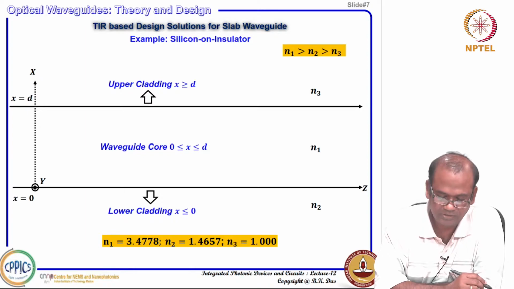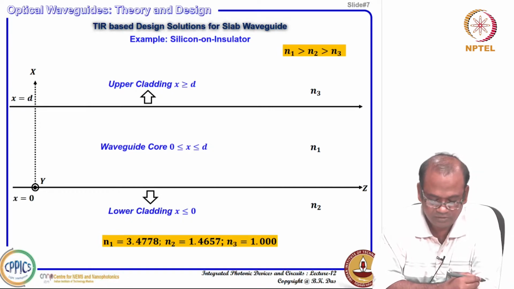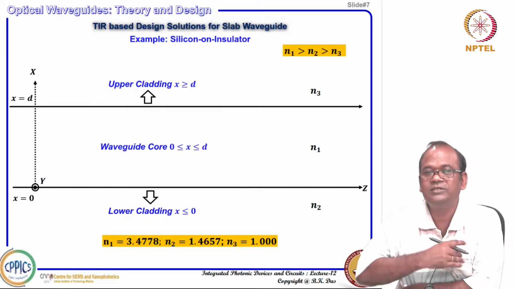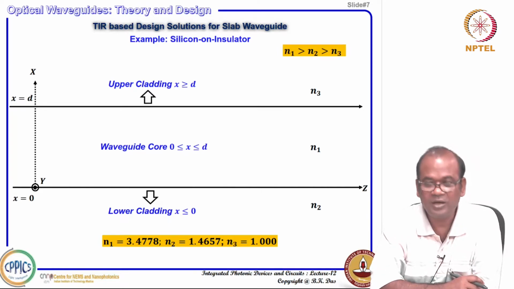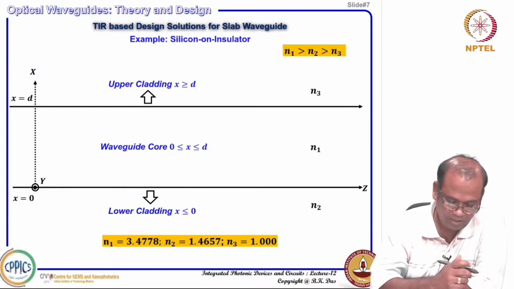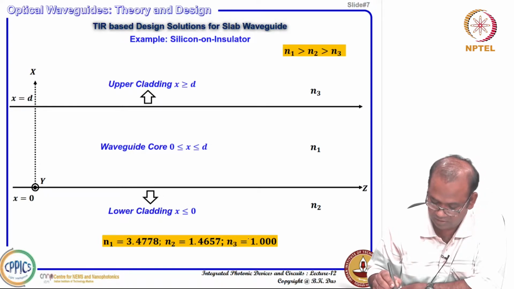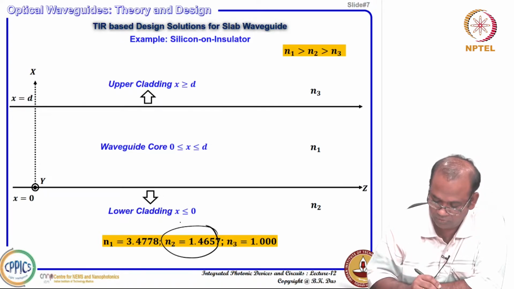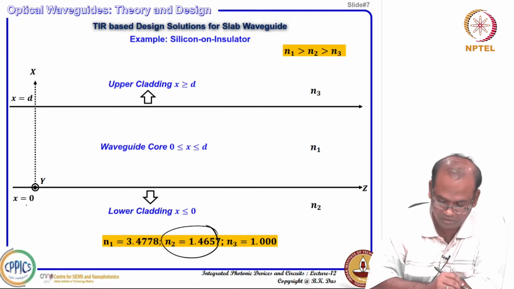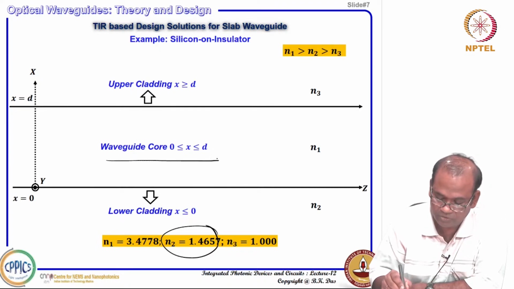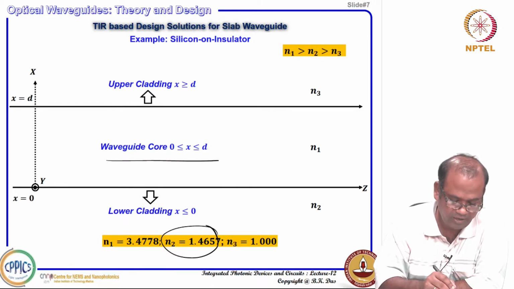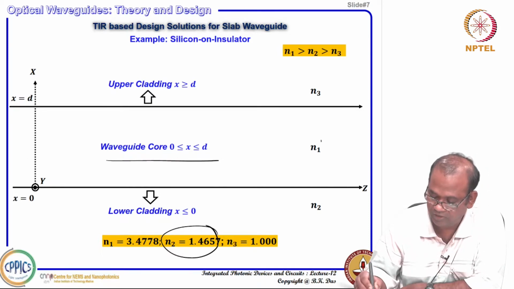So, instead of that 3D view, I just take the vertical direction. Along the x direction the cross sections are given, because the yz plane is infinitely extended, you can consider the light guided in the core, and along the x direction your lower cladding will have refractive index N2, that is x less than or equal to 0, and the core region is stretched between x equal to 0 and d with a refractive index N1.